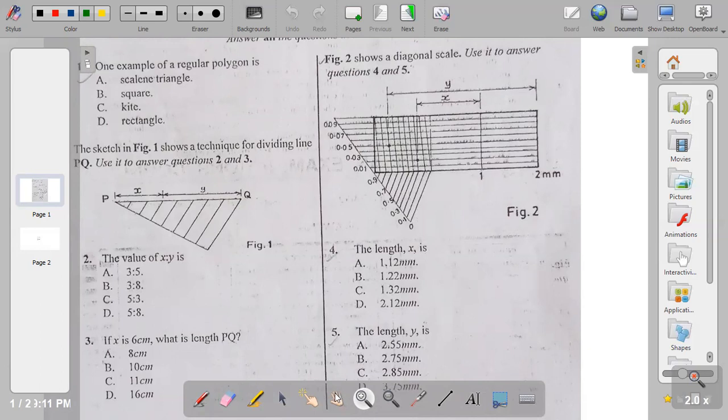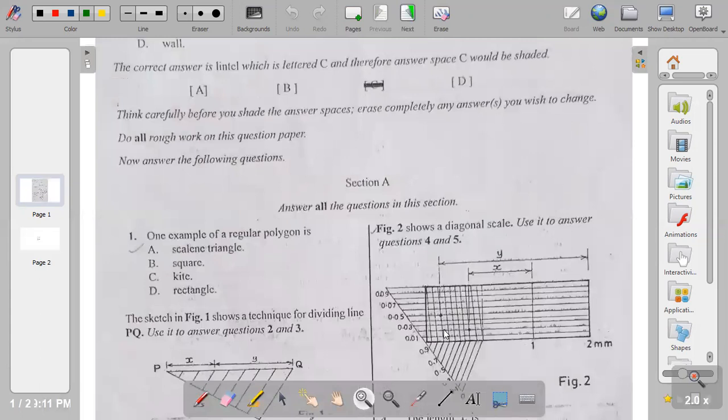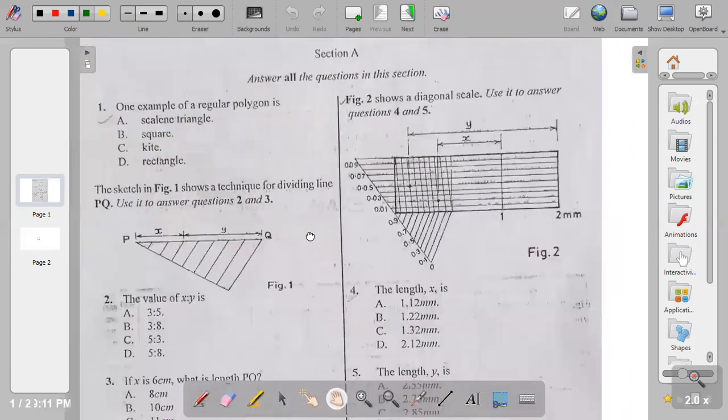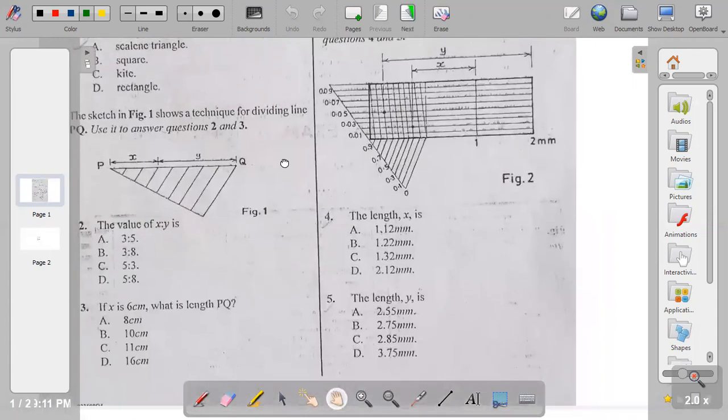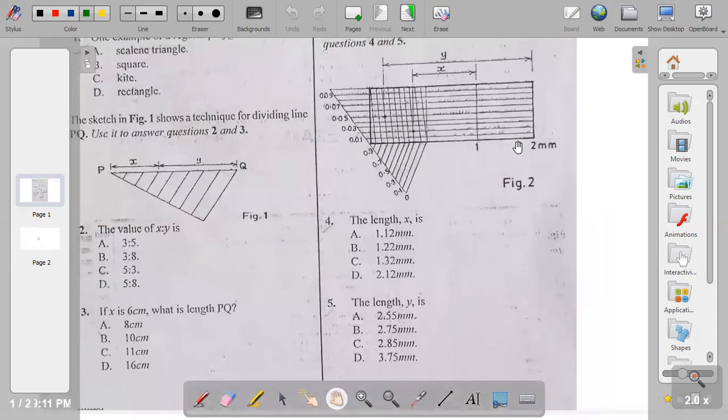All right, so let's move on to question 5. Question 5. Length Y is, so we also follow the dimension line. So this is Y. Y reads 2.7. Remember I told you we start from the base.